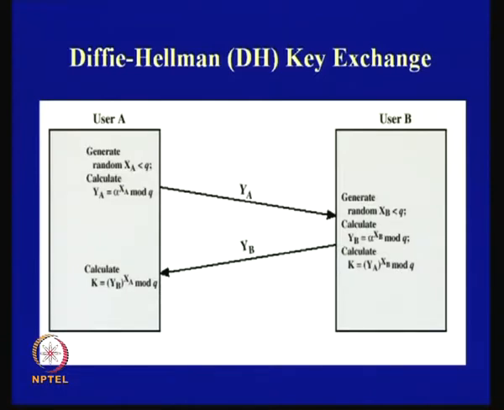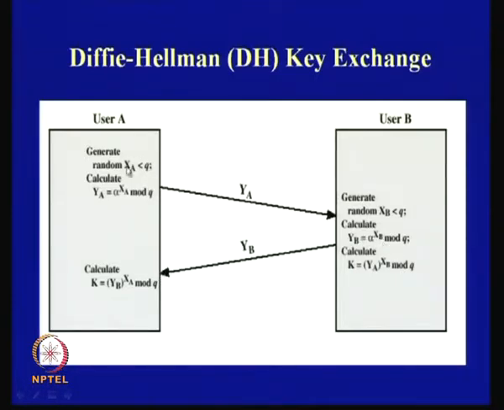If you recap what we have seen in the context of the finite field, there is a value alpha, you choose alpha power of x a modulo q and obtain y a, and send this y a to user B. User B computes y b by again choosing alpha and raising it to some secret value x b, and sending it back to user A.